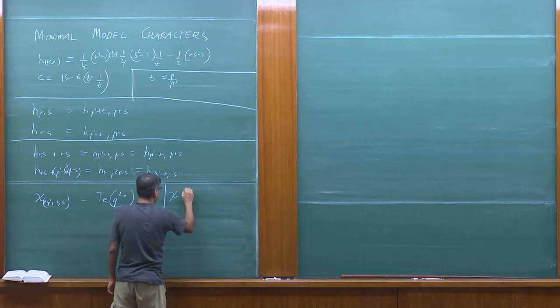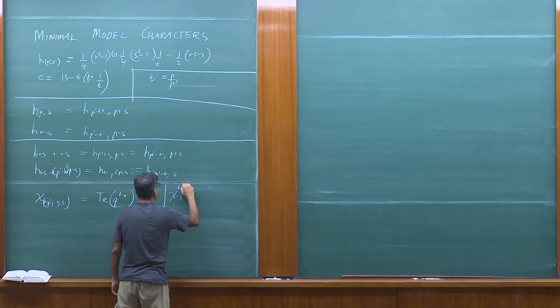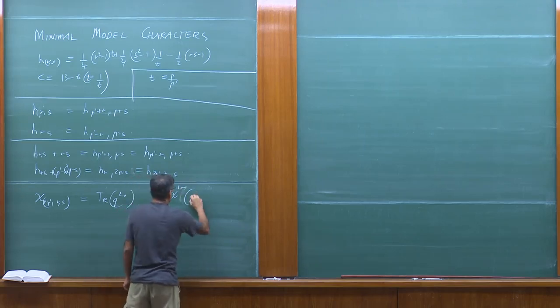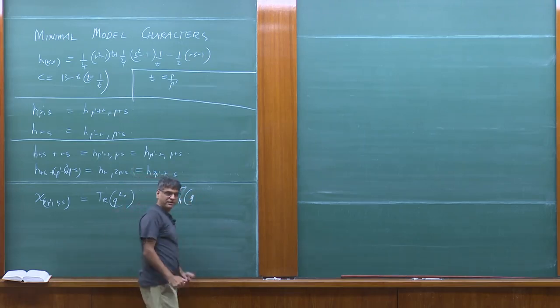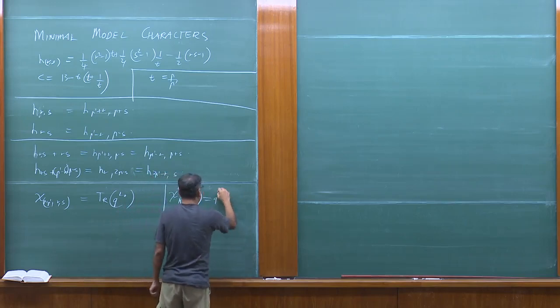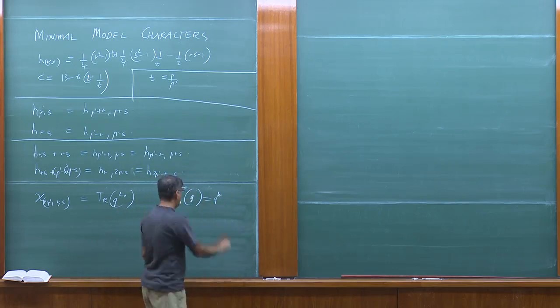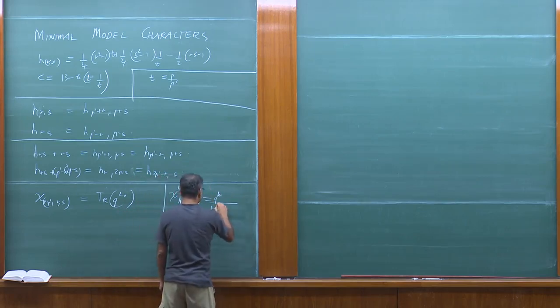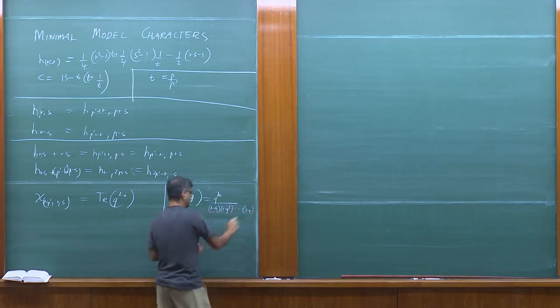chi long of Q and just some H. The dimension of the primary is H, is equal to Q to the power H, because that's the dimension of the primary, and then 1 minus Q into 1 minus Q squared, 1 minus, just keep going, right?